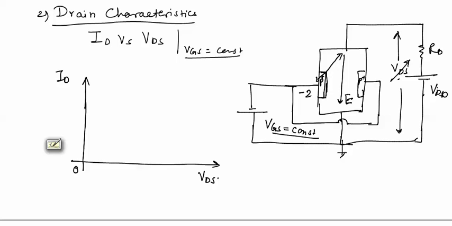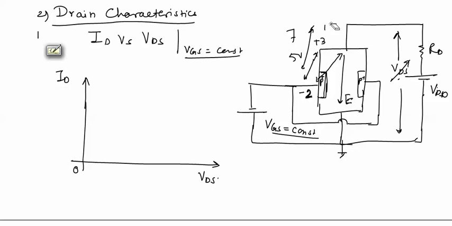If gate is kept at -2 volt and initially drain to source voltage is for example +3 volt, then the reverse biasing will be 5 volt. If we increase it to 5 volt, then the reverse biasing will be 7 volts. Means with increasing drain to source voltage, the reverse biasing between drain and gate will be increasing.